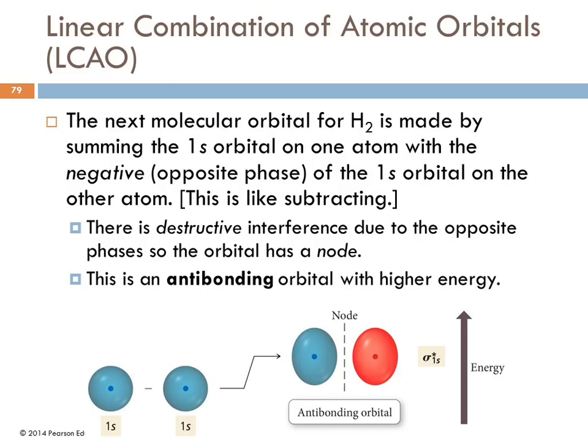But when you combine two orbitals, you get two orbitals. So one is the bonding orbital. The other one arises from combining this 1s orbital with the negative or the opposite phase.